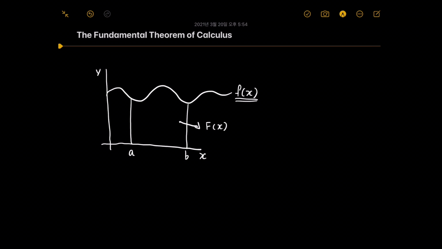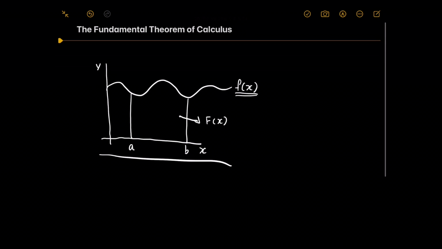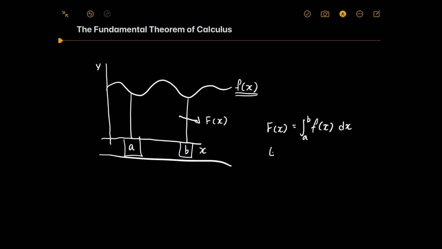So mathematically, we can represent this situation like this. But we have the interval from a to b, so simply we can add this a and b here. So that is equal, again, to capital F of b minus capital F of a.